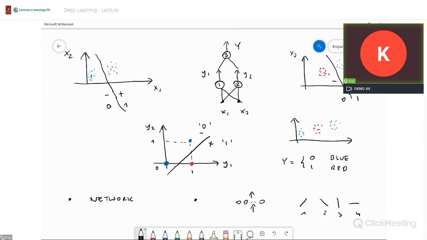So this is a role of these units that are here in this first portion of my network. And now I am passing results of this separation to a unit that is trying to somehow combine the results produced by the first layer neuron and how it combines it.